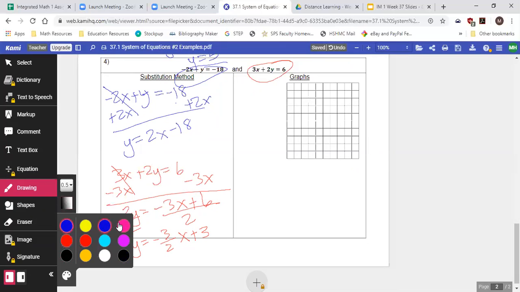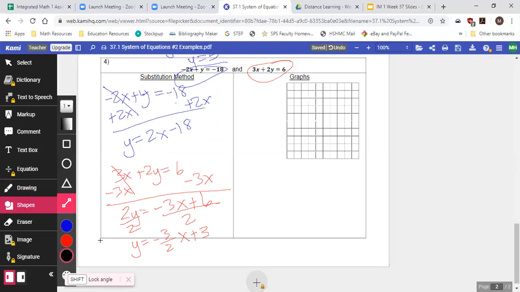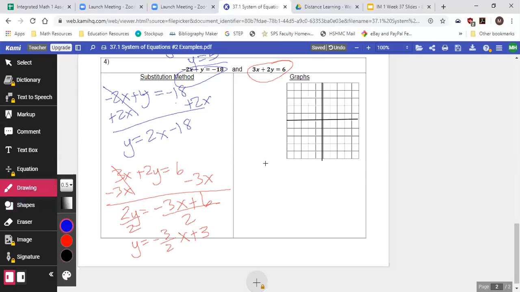Might as well just graph it too, since they're already done. So let's add in the x and y axis. And then we have it at 2, 4, 6, 8, 10.